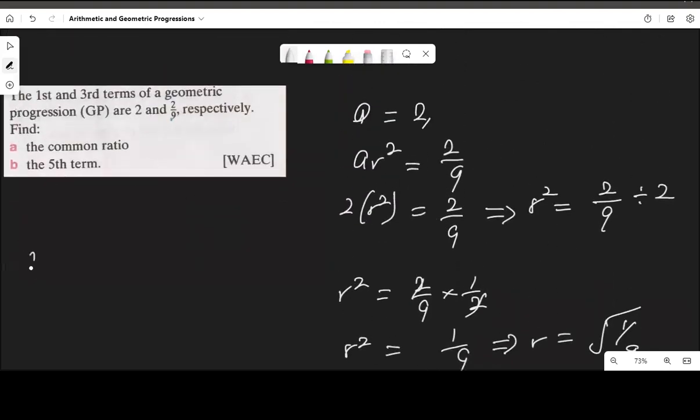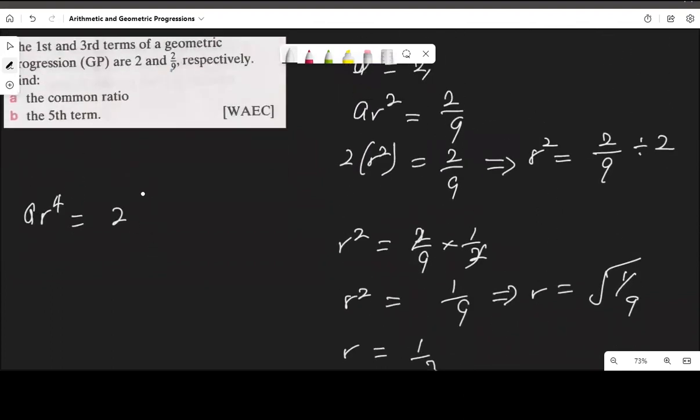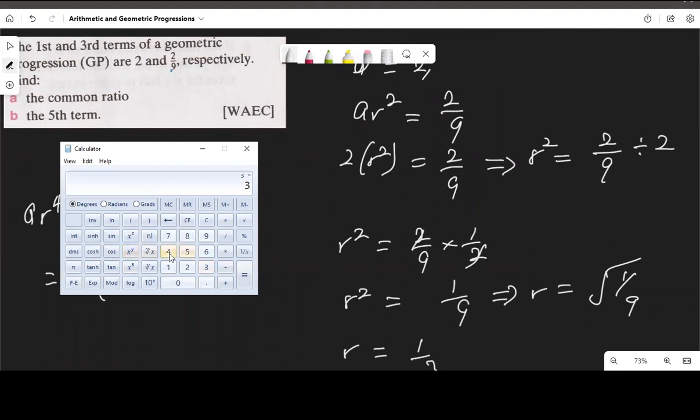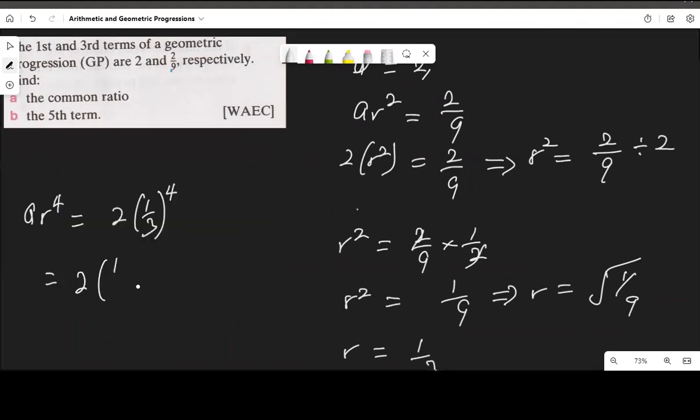And the fifth term of the GP is AR to the power 4. A is 2, R is 1 over 3, then to the power of 4. That will be 2 multiplied by 1 to the power of 4, which is 1, over 3 to the power of 4, which is 81. So the fifth term is 2 over 81.